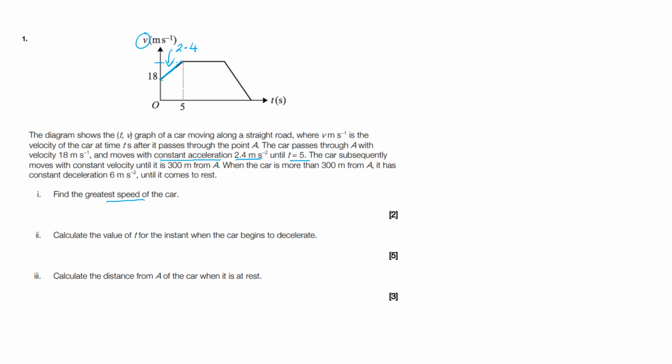So we're going to make a triangle, and then we know that the gradient is 2.4. That's given in the question, and gradient is change in y over change in x, or rise over run. Now we don't know what the change in y is, but we do know that this distance horizontally is 5, and that's equal to 2.4.